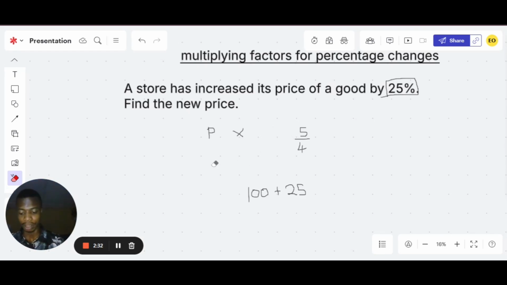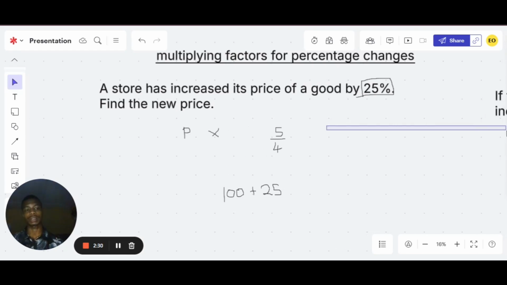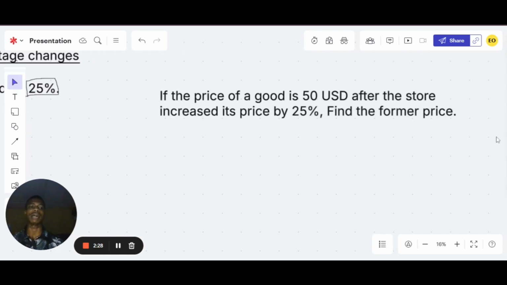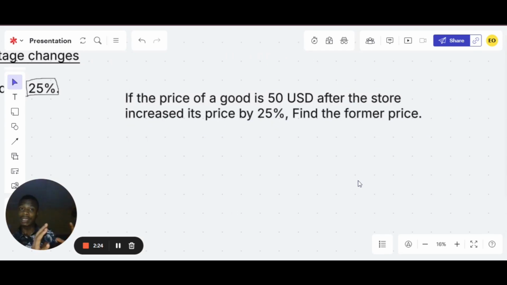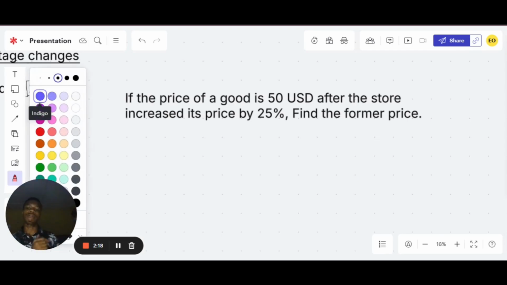Now let's go over to this. In a case where we have the new price and the same multiplying factor of 5 over 4 for 25%, we have to get the former price. We're working back from the result. Now, take an example from this. 2 times 3 is equal to 6.